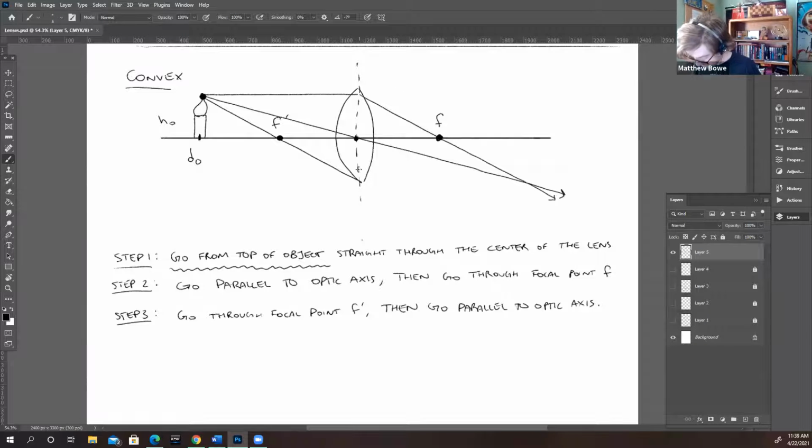And just imagine it's going through this dotted line. Right when it passes that dotted line, now I have to go parallel to the optic axis. So that would look like this. And this is going to be pretty good. This is the best one I've done so far.